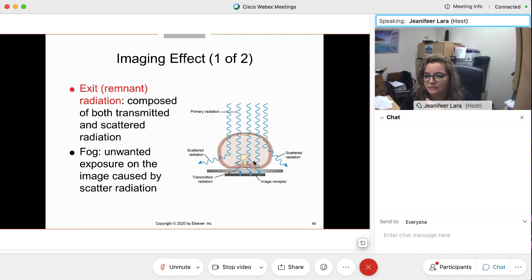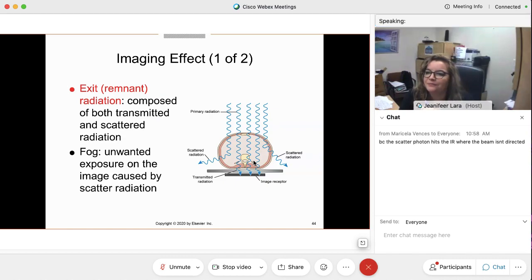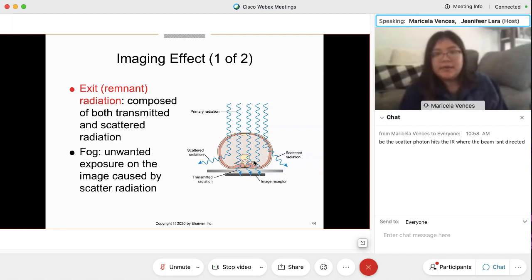So tell me, why does Compton not provide useful information? I know someone's got to know. Maricela, say it out loud, please. Because the scatter photon hits the IR where it's not directed.